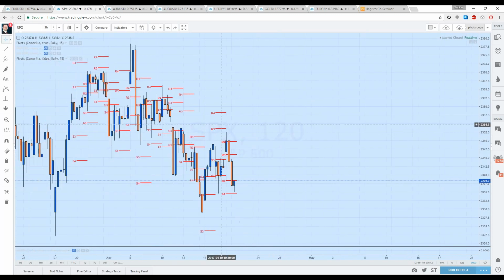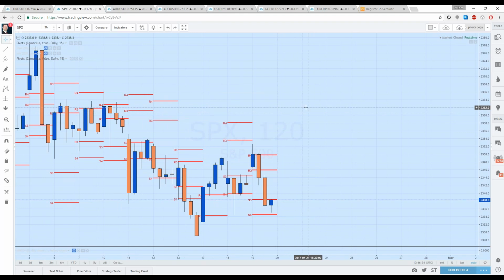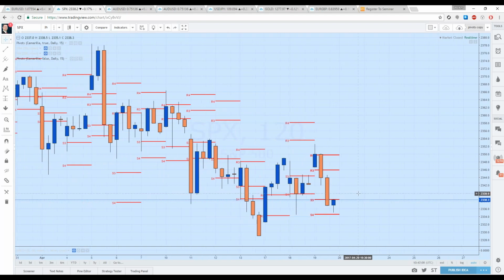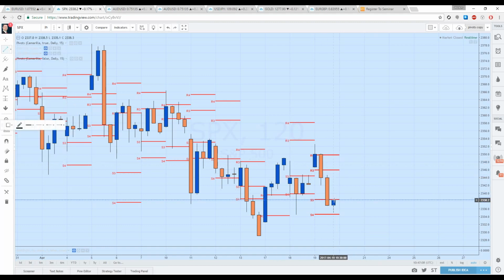Here's an example on the S&P 500. Notice how prices are moving to our S3 pivot. Traders looking to trade the range or buy may target the R3 pivot.